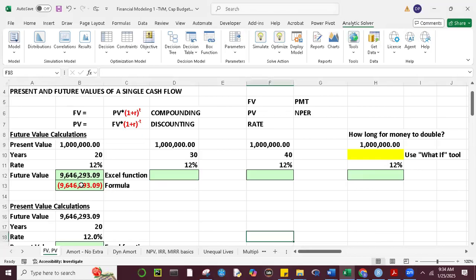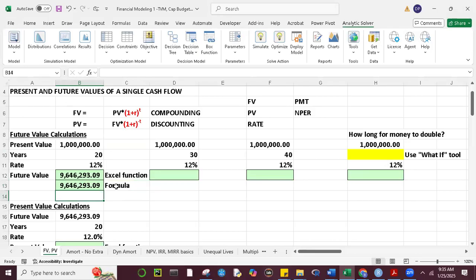All right. Now, in this case, we're not interested in whether this situation is a loan or an investment. We just want to know how much is 1 million 20 years from now if the rate is 12%. So I'll just put a negative sign here, class, to convert the negative into a positive.